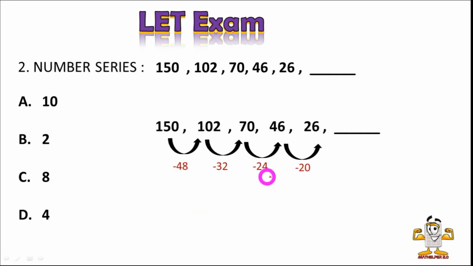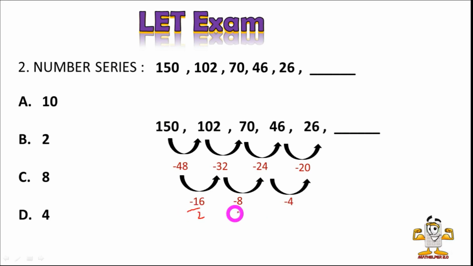So, mahirap pong hanapin yung pattern. So, sa 48 at 32, meron pong 16. 32 at saka 24, meron pong 8. Sa 24 at 20, meron po siyang 4. So, napansin nyo, may pattern na po tayo. Mag-divide po tayo ng 2 rito.